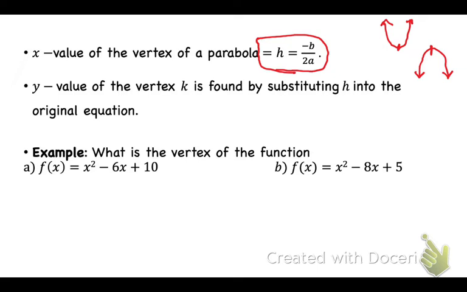That is the x value. The y value of the vertex, or the k, is found by substituting the h into the original equation. So once I find an x, can I plug it into any equation and find a y?